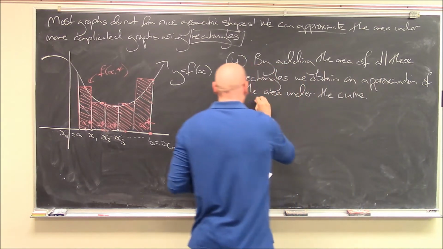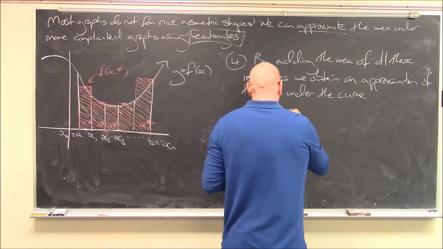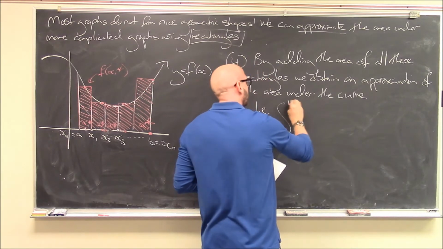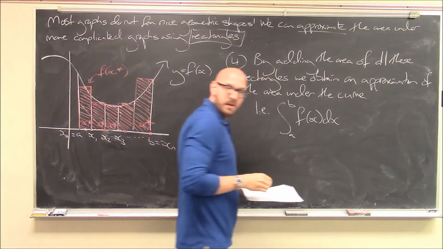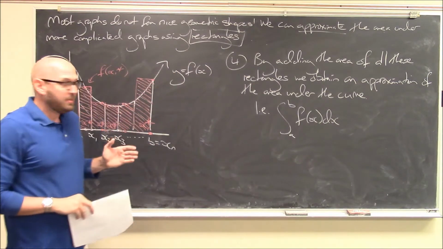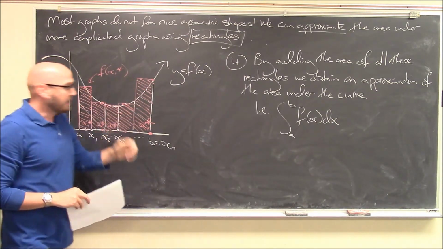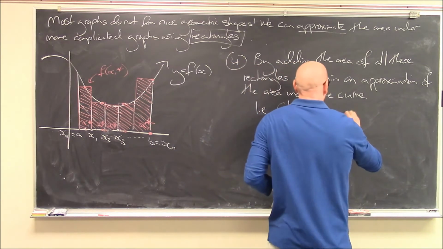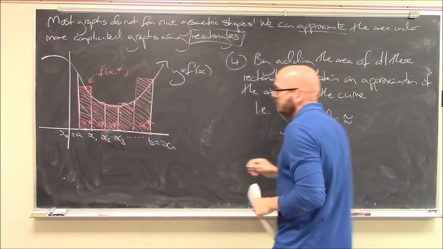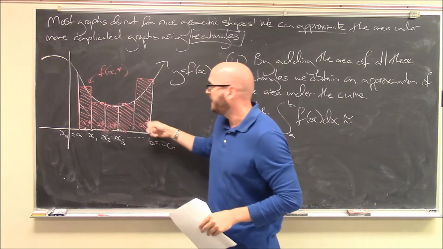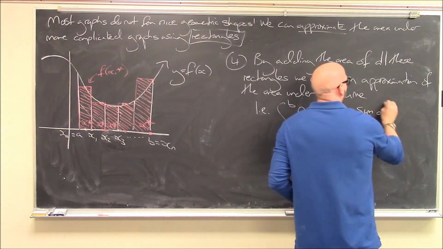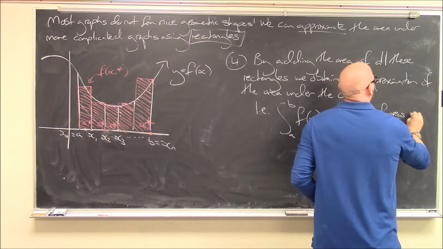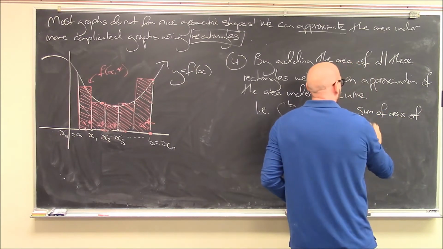What I mean by that is, the area under the curve, the integral from a to b of f of x dx. I'm not telling you how to compute it exactly, but I'm telling you how to approximate it. This is approximately equal to the sum of areas of approximating rectangles.